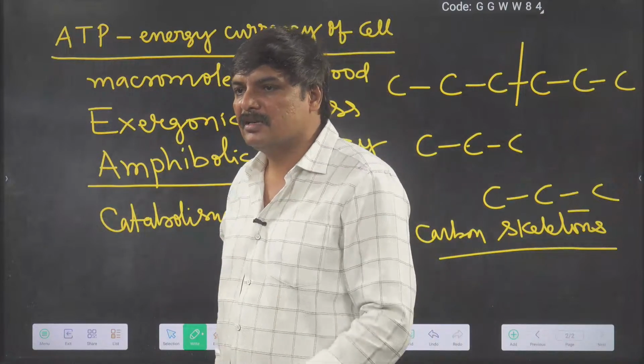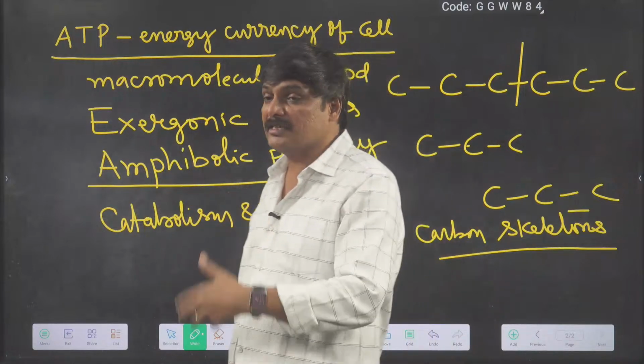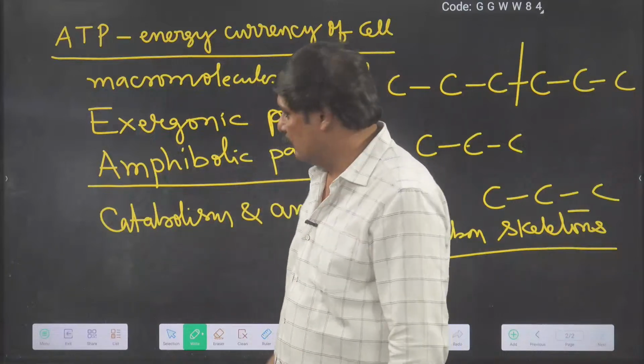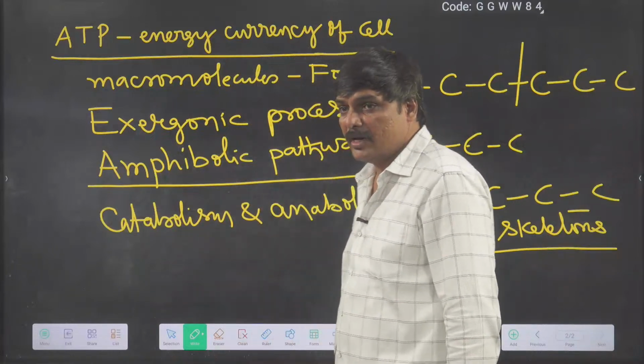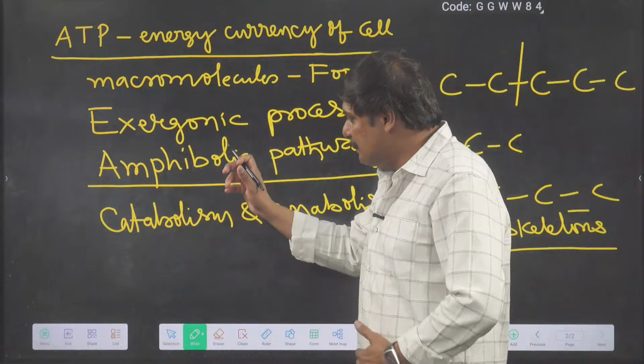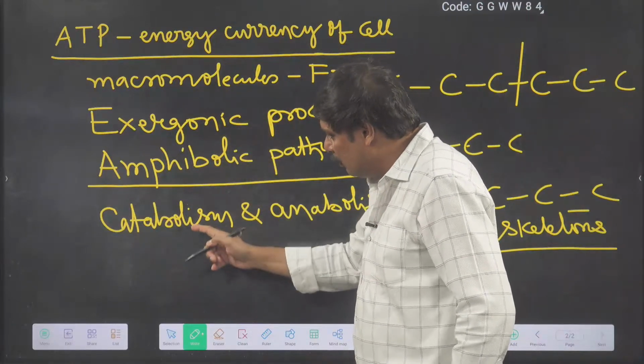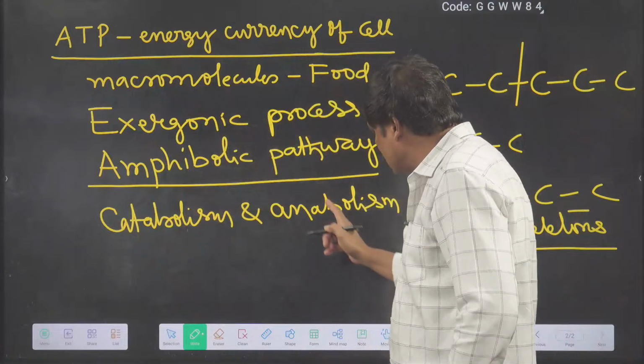Anabolism means synthesis of complex molecules from simple molecules. Both are opposite processes. Okay. So why is respiration called an amphibolic pathway? Because it involves both catabolism and also anabolism.